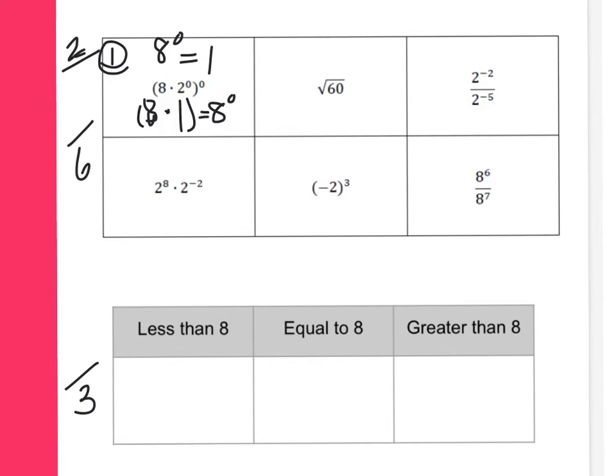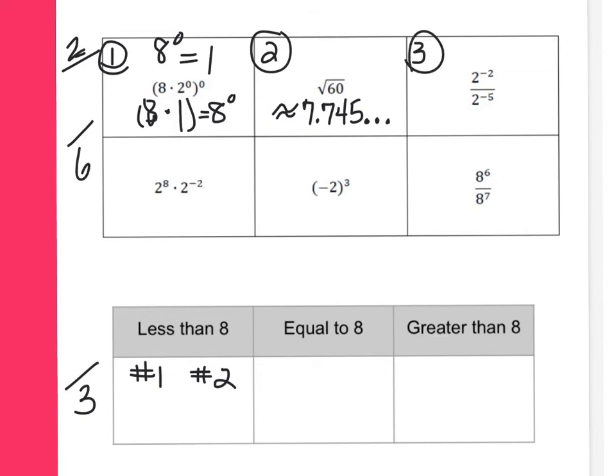That way it'll make it easier. Number 1. So let's number this number 2. In the calculator, take the square root of 60, and that is approximately 7.745. That number is less than 8, so I can go ahead and write that into the bin.